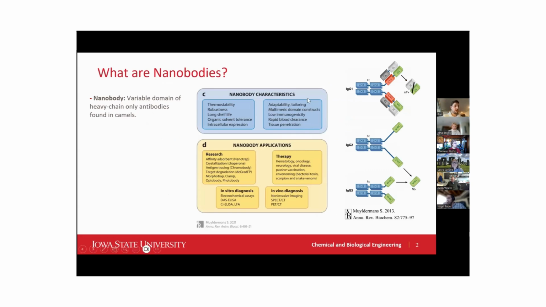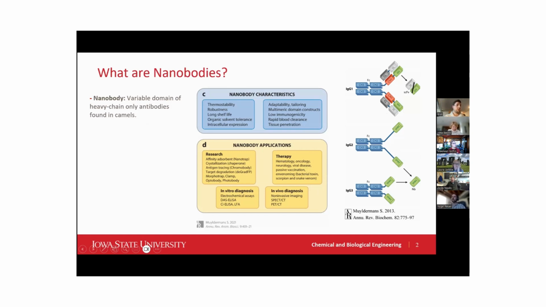Like I said, nanobodies are the proteins I've been working with mainly. Nanobodies are single domain antibodies, which are derived from heavy chain only antibodies found in camels. In this figure on the right, you can see the top figure. This is what a traditional IgG antibody looks like, where you have both your heavy chain and light chain domains.